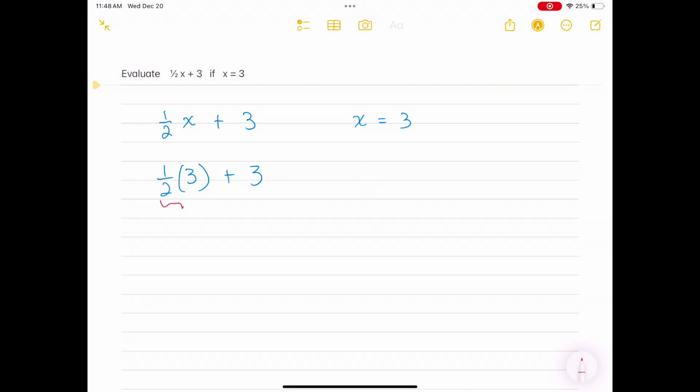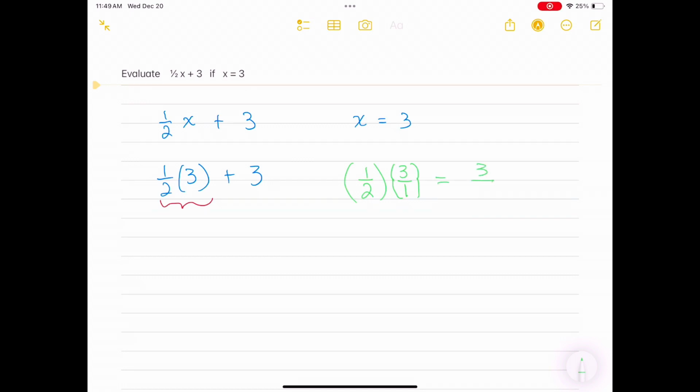So now we have 1/2 times 3 plus 3, and in order of operations, we must first do the multiplication before addition. So we have 1/2 times 3, or 1/2 times 3 over 1.